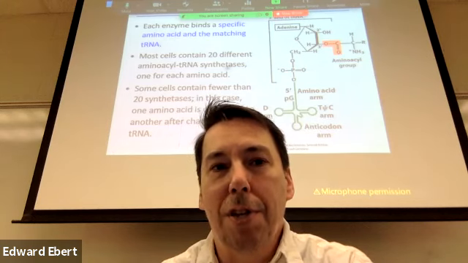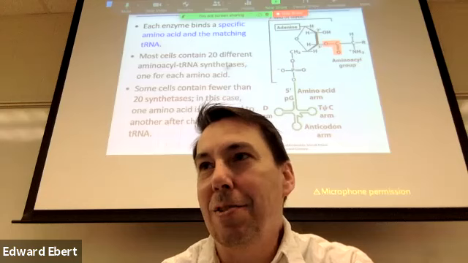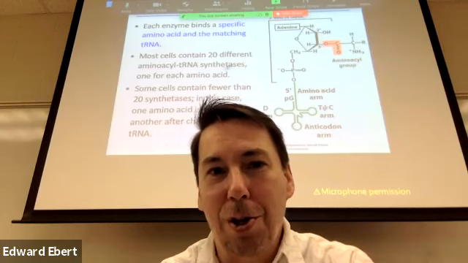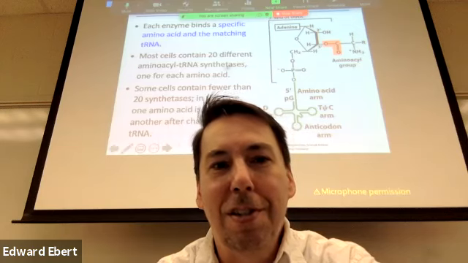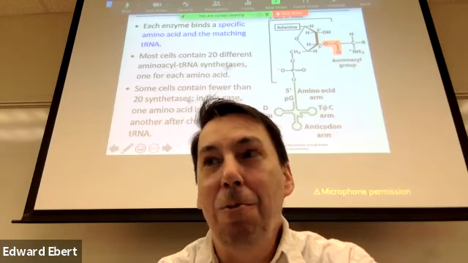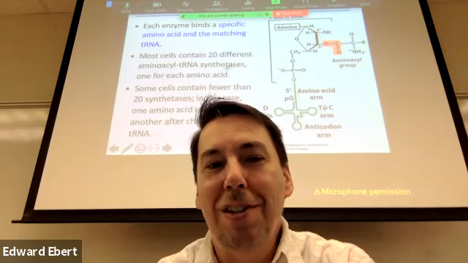So if you have, say, arginine, you can have arginyl aminoacyl tRNA synthetase, or you can have alanine aminoacyl tRNA synthetase. So the crazy thing here is some cells have fewer than 20 synthetases, right? So in that case, one amino acid gets converted to another after you charge it.